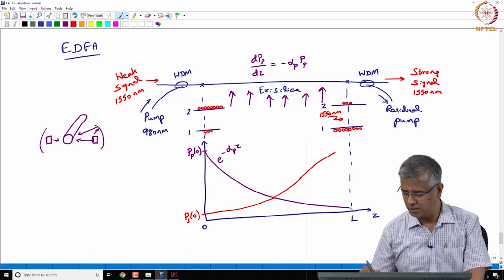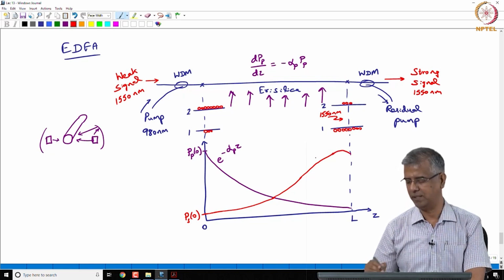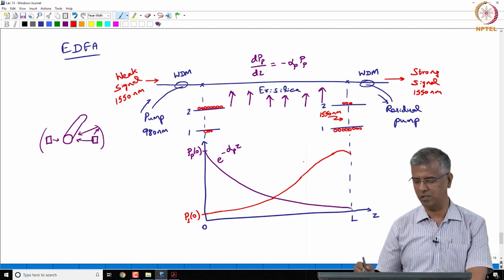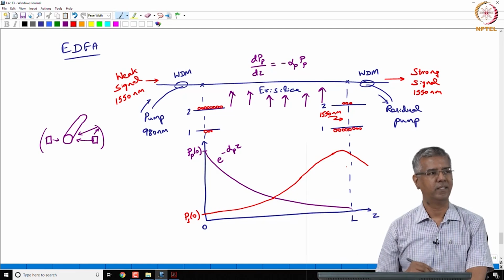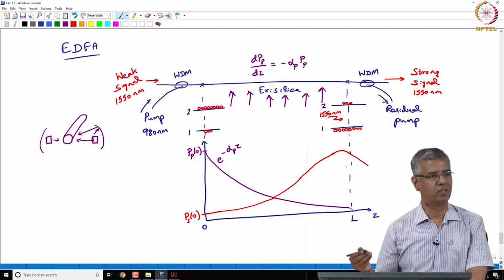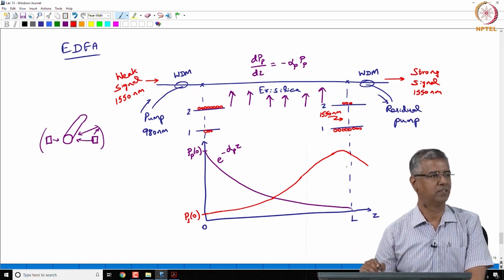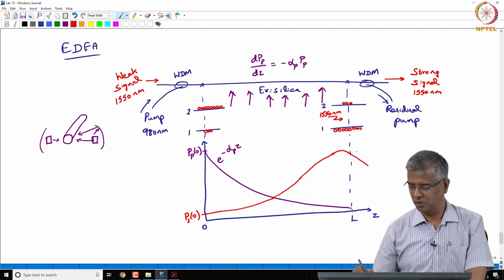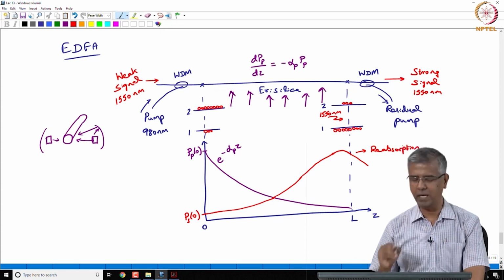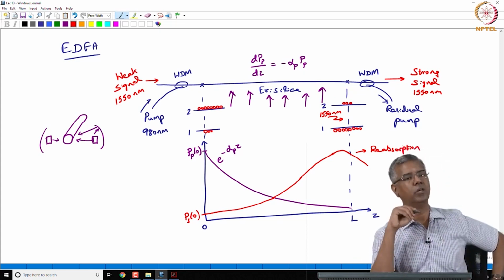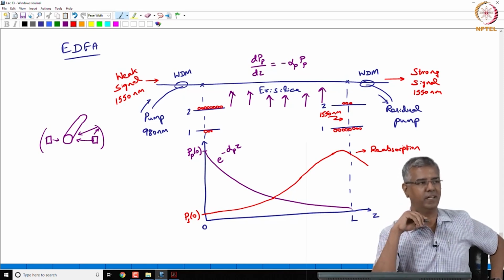You have what is called reabsorption of that light beyond a certain distance, and if you have a longer fiber, you would lose signal photons. Okay. So, this process is called reabsorption, and reabsorption is a major issue in 3-level lasers.